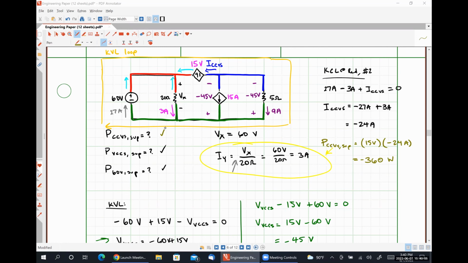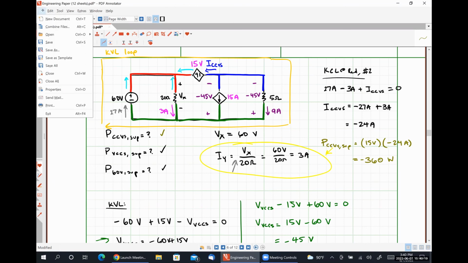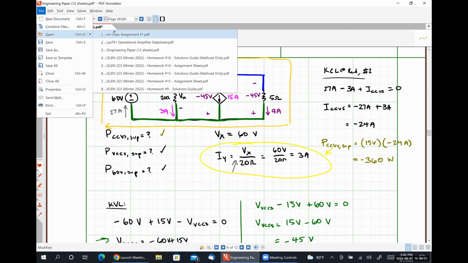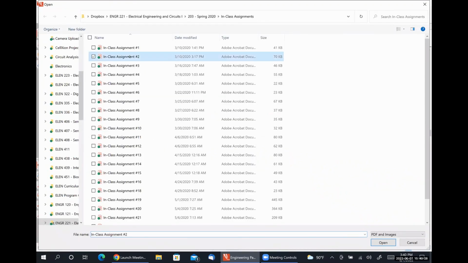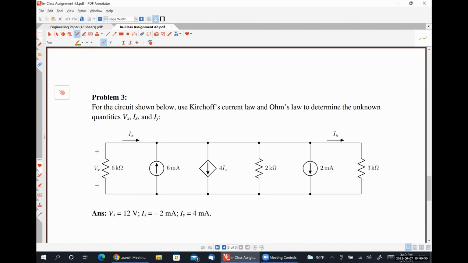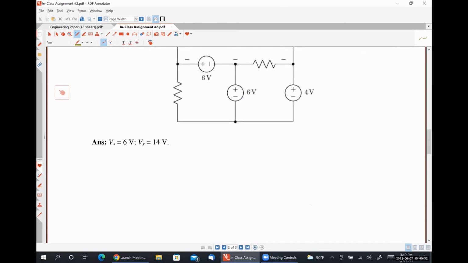Dr. Hartman, I have kind of just a basic question. Sure, what's up? For the in-class problem number 2, I was just wondering how you would approach a problem like this, because it just looks a little bit different than the circuits that we had worked in class, and I want to make sure that my process stays consistent. Sure.